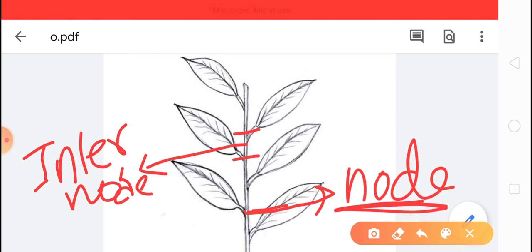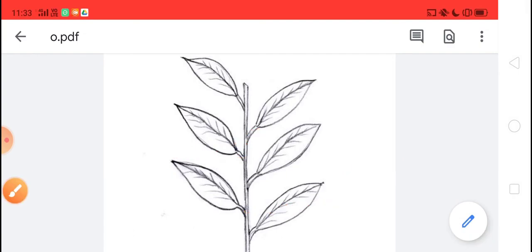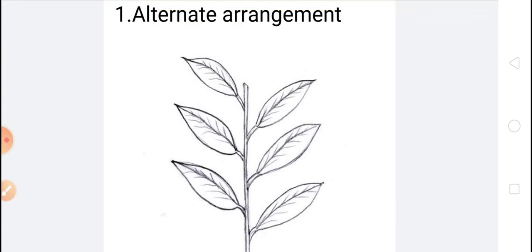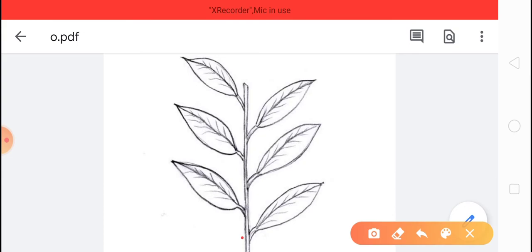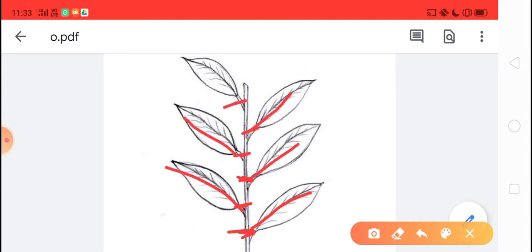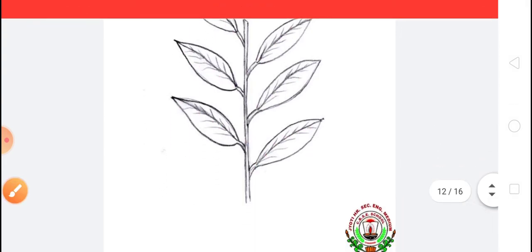If only a single leaf is developed on a node, then such an arrangement of leaf is called alternate arrangement. Another is opposite arrangement of leaf.